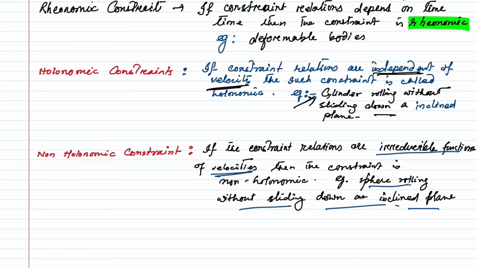Suppose this is the cylinder and this is the radius R, and this is an inclined plane, suppose it is rolling on an inclined plane.